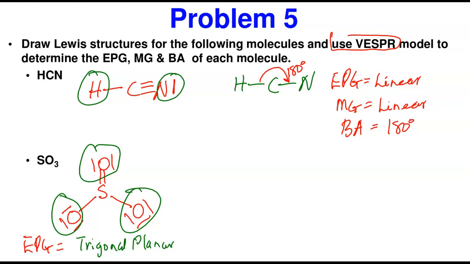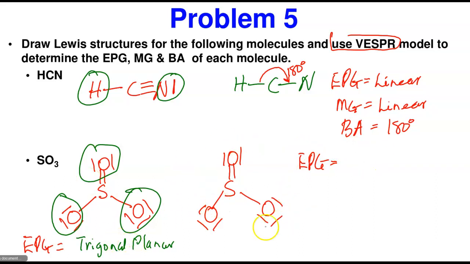And then, finally, because there's no lone pair, this is technically going to be exactly the same. It's not going to change because the lone pair is not there. So what that means is that if we write the electron pair geometry, it's going to give us three things attached all the time.